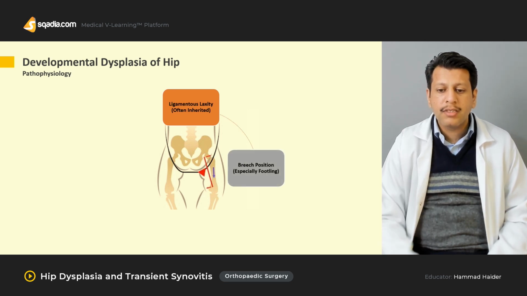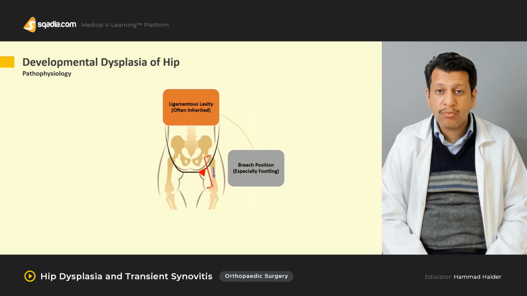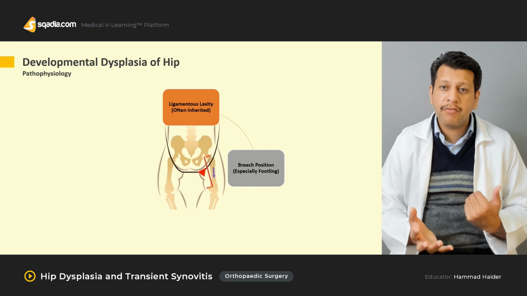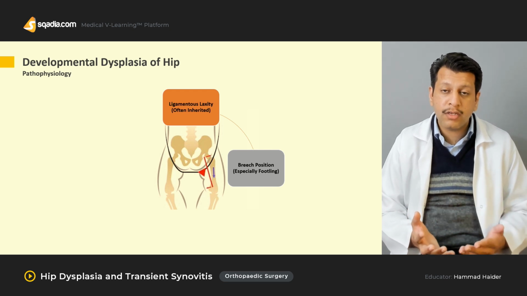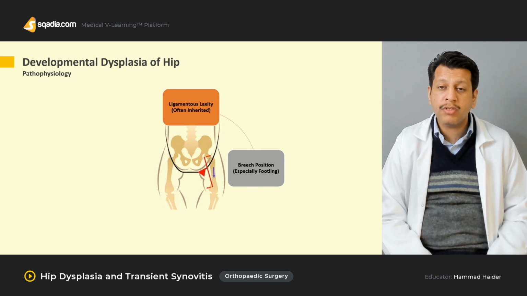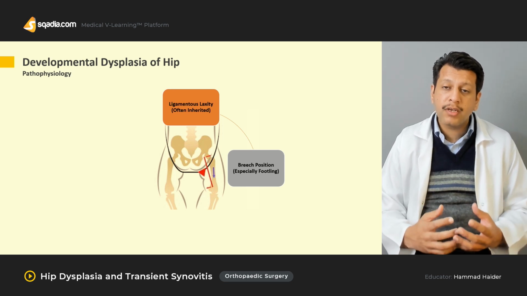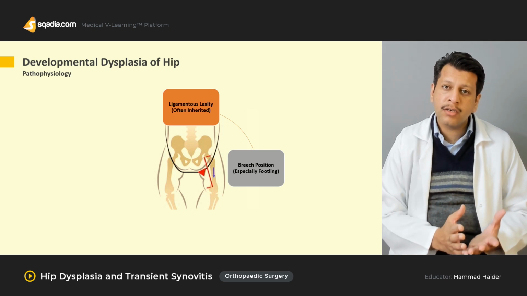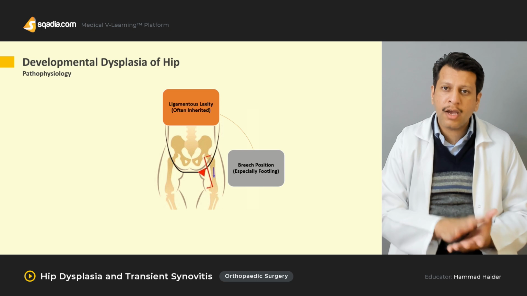The next most commonly associated problem is, especially if it's the first child, if it's a female child and is having a breech delivery, usually the frank breech. In this kind of problem, one hip is lying on the iliac spine of the mother.